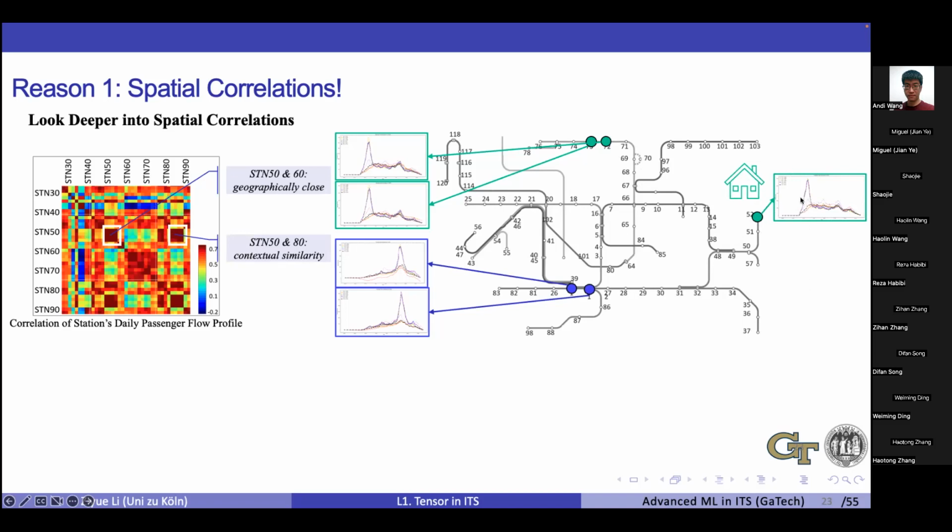This explains why some stations have a morning peak inflow, because in the morning around 7 or 8 a.m., people need to go into the metro station and take the metro to go to work, right? So this is why there's a morning peak.